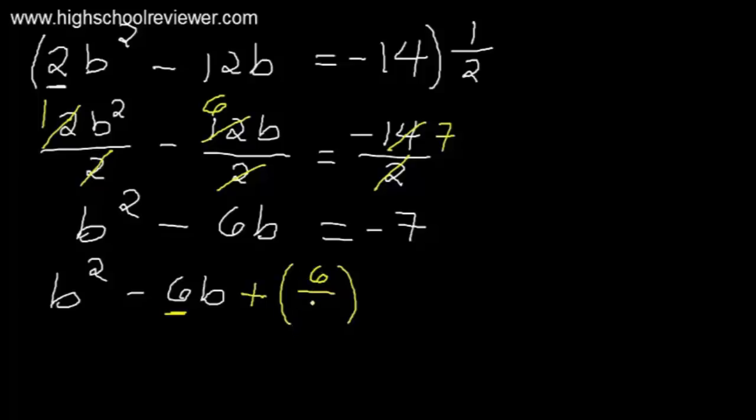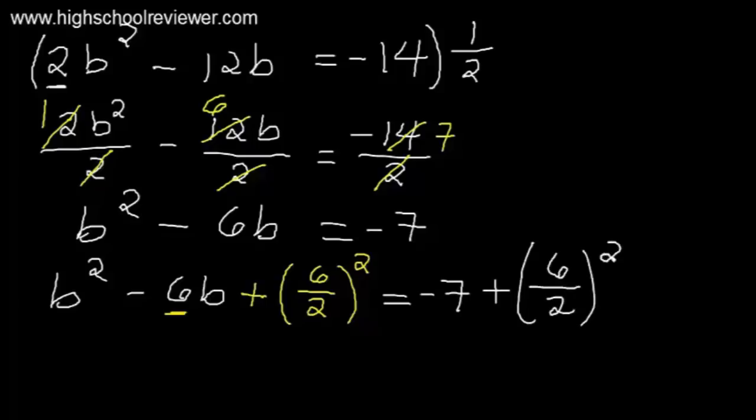Our denominator will be a constant number 2. And then this quantity will be raised to the power of 2. And again, take note, whatever is added on the left must also be added on the right side so as not to change the equation. So this will still be plus 6 all over 2 raised to the power of 2.